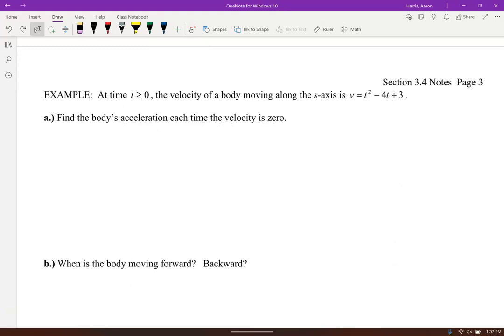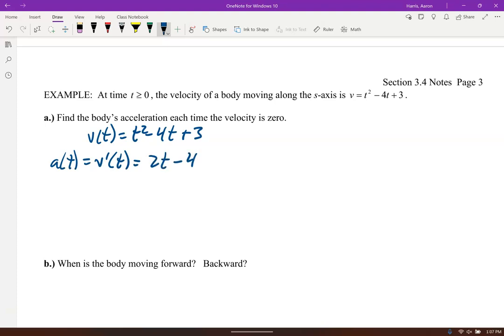All right, this time the velocity is given. So find the acceleration. So we have velocity. The acceleration would be that derivative. So 2t minus 4. And find the body's acceleration when the velocity is 0. Well, I don't know when the velocity is 0.